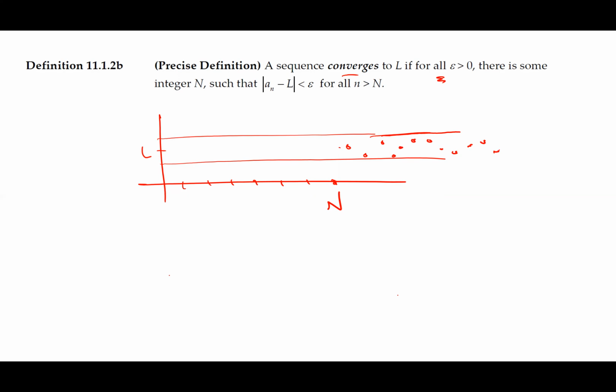Now, who knows what they're doing before? They could be doing all sorts of stuff, but after this value n, they're all trapped. And because this says for all epsilon greater than 0, those epsilons can be arbitrarily small, infinitesimally small. And that's why we say what the limit value actually is.